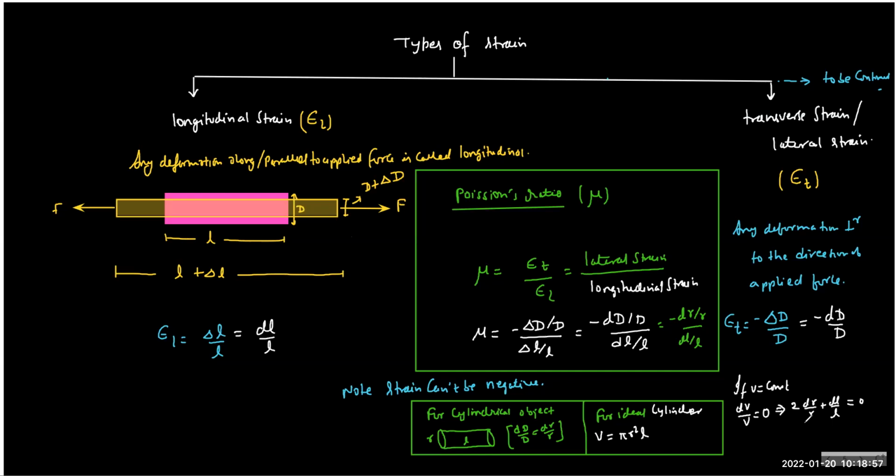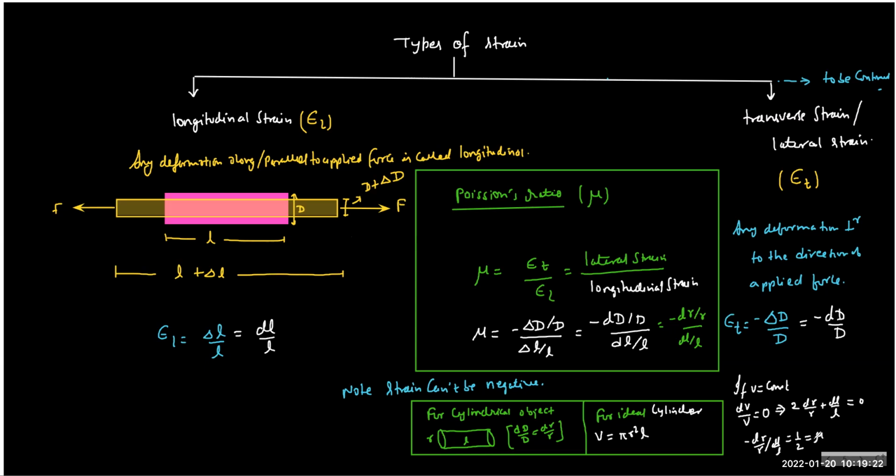And if you rearrange, what will you get? You get minus dr by r upon dl by L turns out to be 1 by 2, which is exactly the definition of Poisson ratio. It means the Poisson ratio is half for a cylinder.